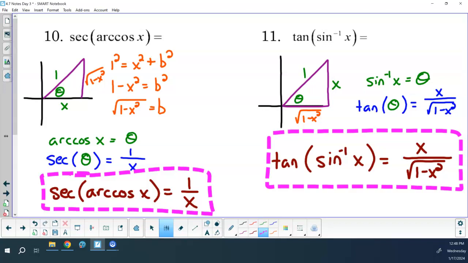Did you know that the algebraic triangles are on the unit circle? Because what's the radius of the unit circle? 1. And the radius on the triangle is which part of the triangle? The hypotenuse. And all of these hypotenuses are 1. All of them are on the unit circle. But we're not requiring you to rationalize. Okay?